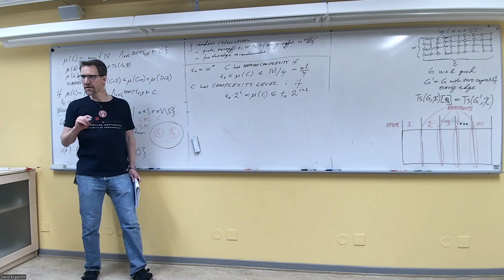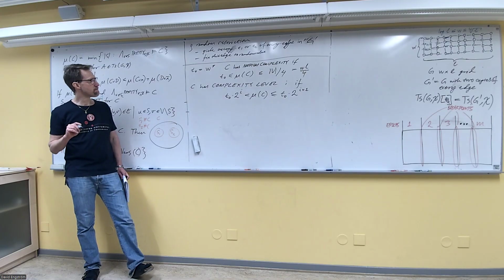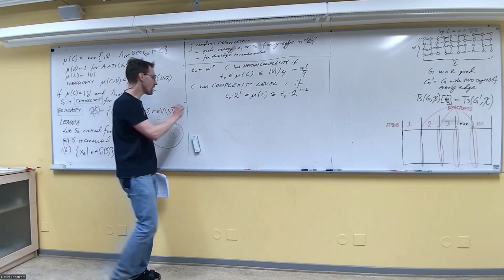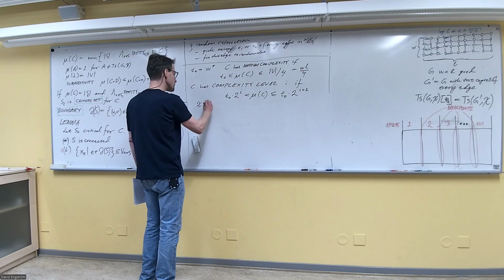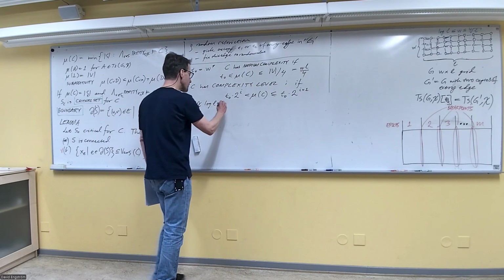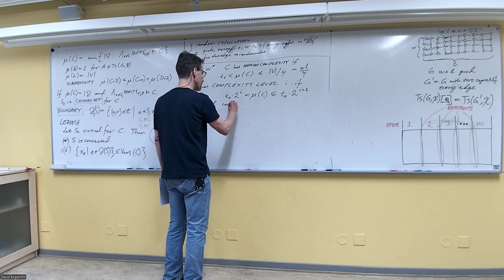How many complexity levels do we have? Just to get a sense, we have roughly log L different complexity levels.